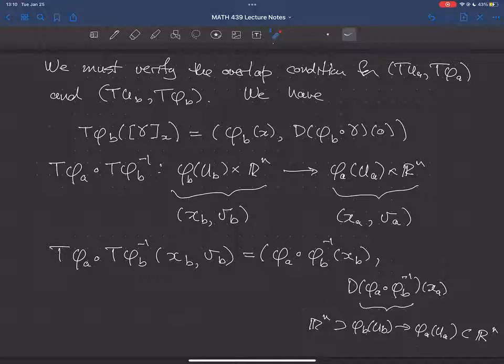Right, n by n, right? Okay, so it's just the Jacobian matrix of the overlap map. So I take the Jacobian matrix and I evaluate, sorry, I apologize, I made a mistake. I'm evaluating it not at X_A, but X_B. And so I take this n by n matrix and I hit V_B with it.